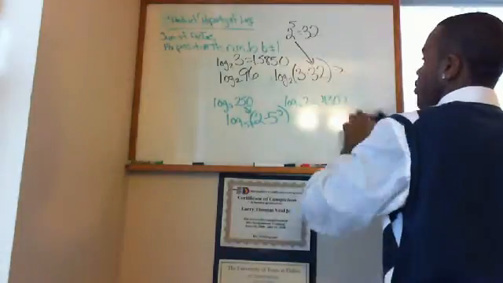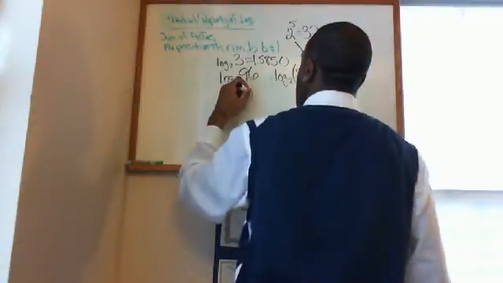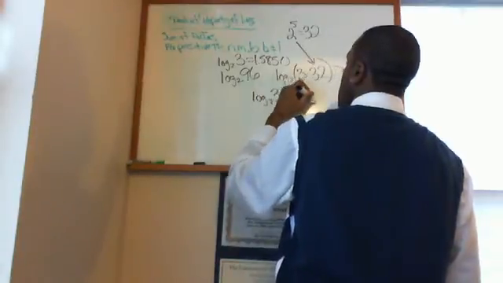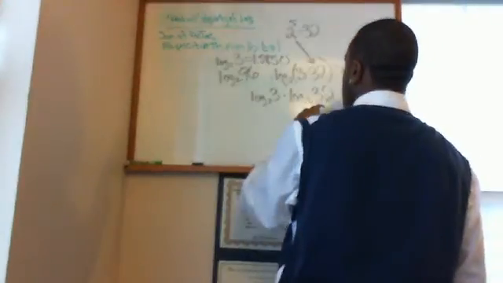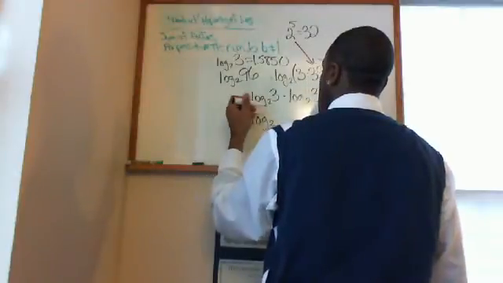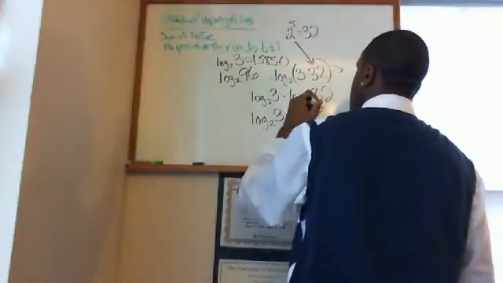Oops, let me erase this part now. Log base 2 of 3, right, times log base 2 of 32. Based on our product rule, it tells us that we need to add the 2 together. So I'm going to switch this to 2 to the 5th. Log base 2 of 3 times log base 2 of 2 to the 5th.